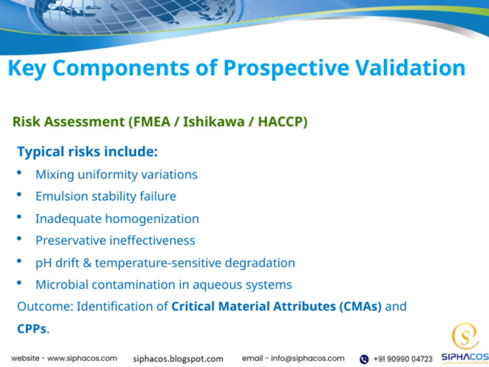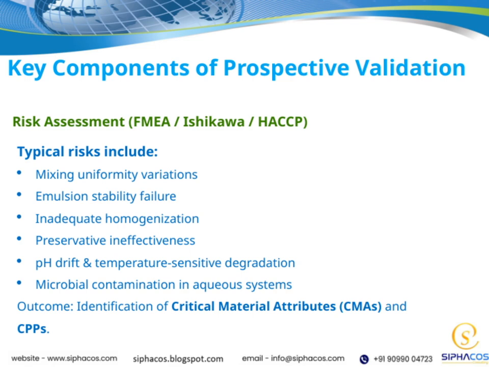pH drift and temperature-sensitive degradation are also risks, since fluctuations can compromise stability and potency. Additionally, microbial contamination in aqueous systems remains a persistent challenge, especially for products with high water content. All of these risks highlight the importance of identifying the critical material attributes, or CMAs, and critical process parameters, or CPPs.